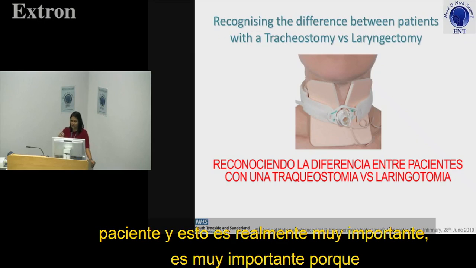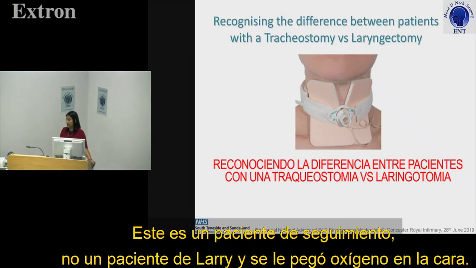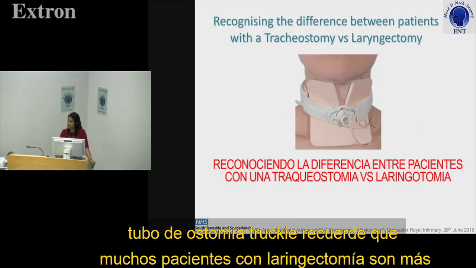It's really important because it would be absolutely fatal if somebody got called for an emergency and thought, this is a trache patient, not a Larry patient, and stuck oxygen on their face and forgot to put oxygen onto their stoma area, in which there's a tracheostomy tube.